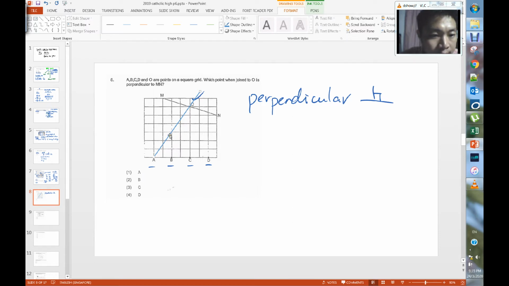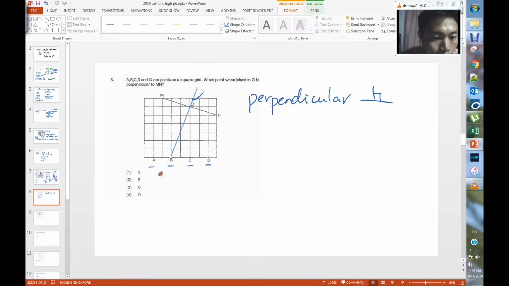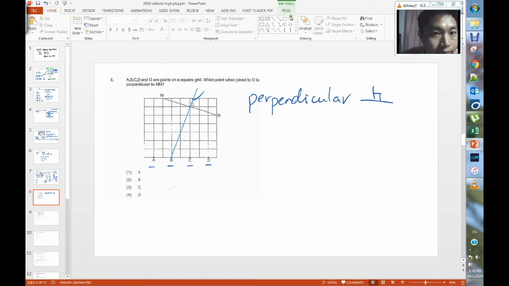Clearly OA will not give you a 90 degree angle, right? If you test it out, when you join O to B, you will see that this is a 90 degree angle.